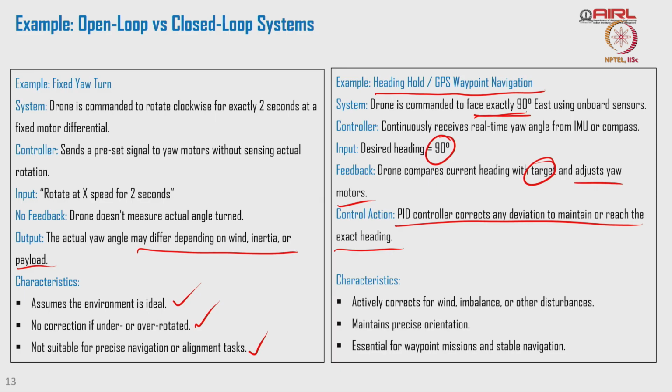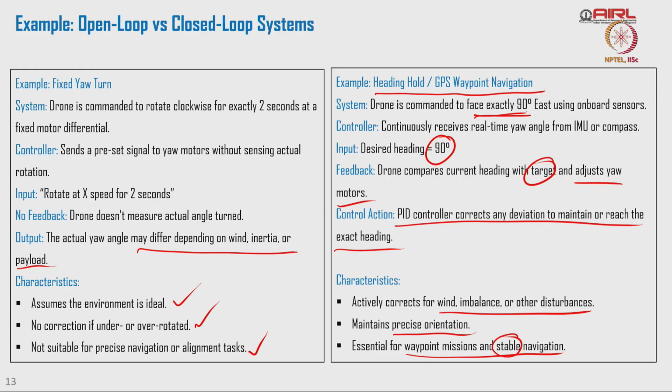Closed loop control systems actively correct disturbances and maintain precise orientation, essential for waypoint missions and stable navigation. We will see that for safety and for some other performance metrics also, going for closed loop systems is better, though it increases cost and complexity in the system.